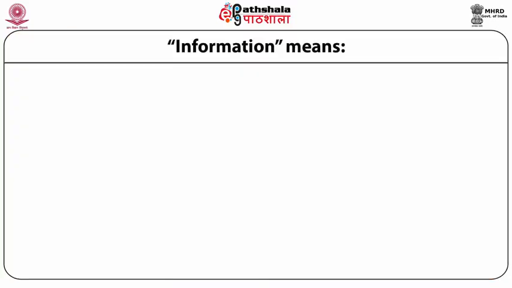In this slide, we will discuss the meaning of information in the context of right to information. We have already studied the DIKW model, which says data, information, knowledge and wisdom.